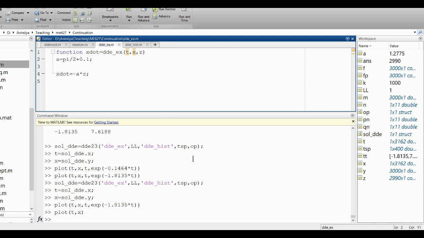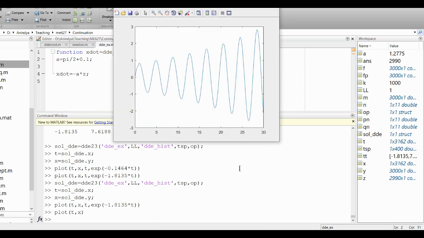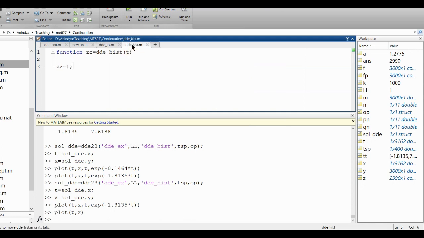All right, this system still has hidden in it decaying solutions corresponding to the other roots that are still in the left half plane, and if you choose your history to match one of those, then at least for some time you will see that same exponential decay.